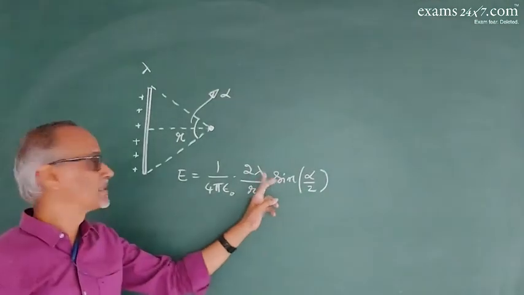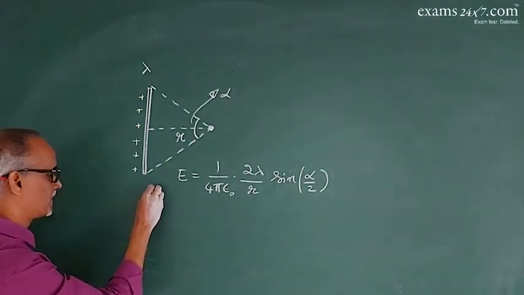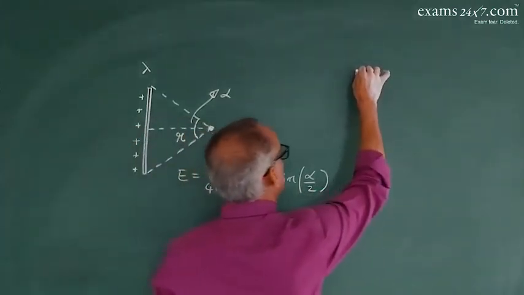Lambda is the linear density of the charge. Suppose the wire is an infinitely long wire.